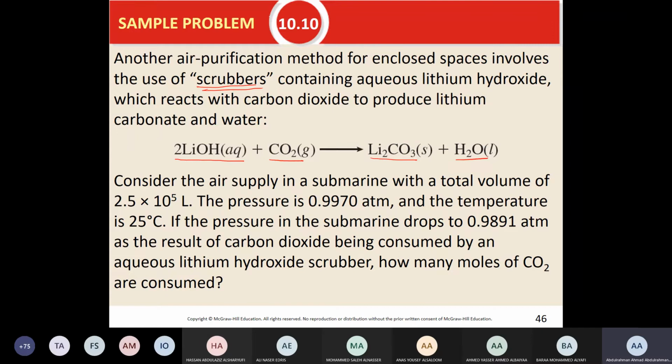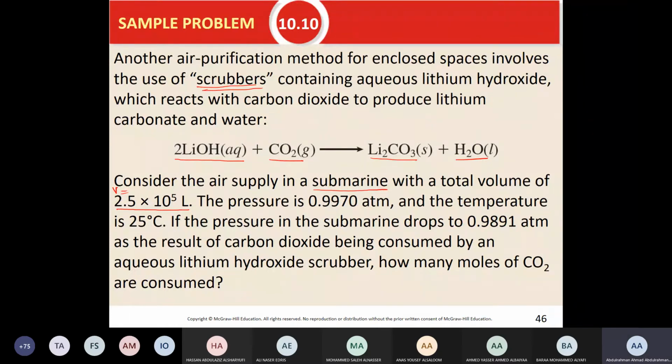Consider the air supply used in a submarine. What's a submarine? غواصة. Okay, with a total volume. This is the total volume, 2.5 times 10 to the power 5. This is the volume of CO2.